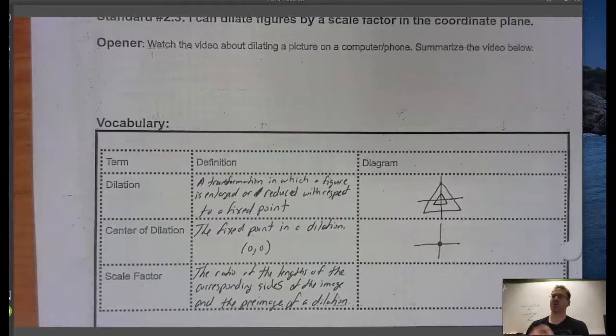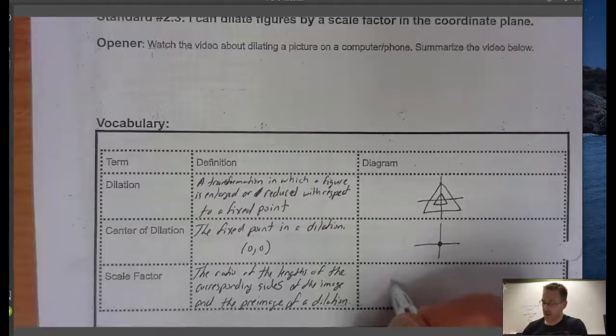Pre means before, so that's before we perform the dilation, and the image is the result after. Once again, we're going to use those primes to denote what happened after the dilation.